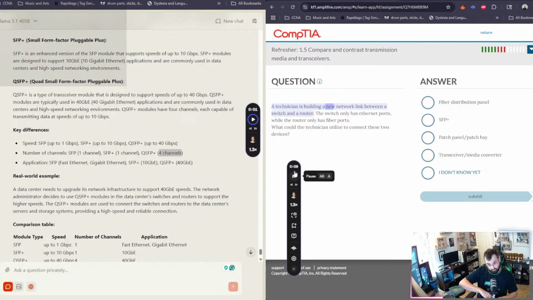A technician is building a new network link between a switch and a router. Switch only has Ethernet ports, while the router only has fiber ports. What could the technician utilize to connect these two devices?